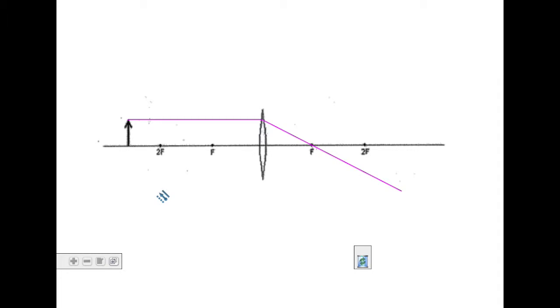The next thing you want to do is draw one of these lines, but you're going to have it go through this focal point and stop at the middle of the lens. Okay. And then you're going to draw another horizontal line like this. And then wherever these two meet is where your image is at.